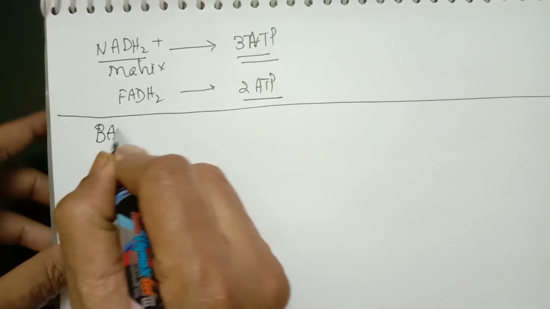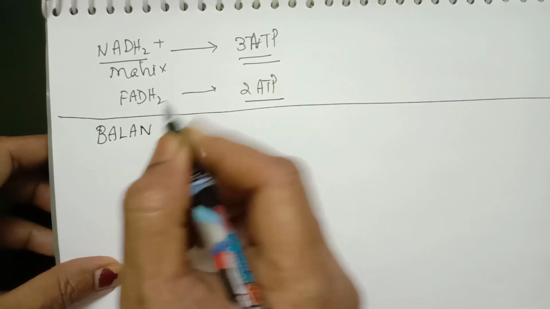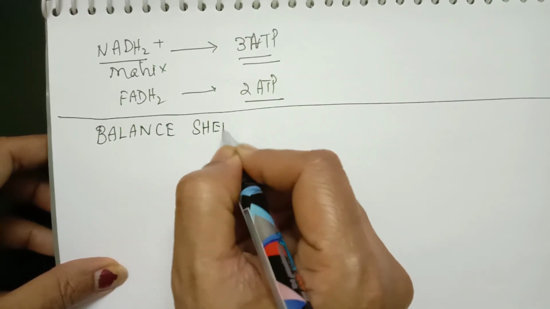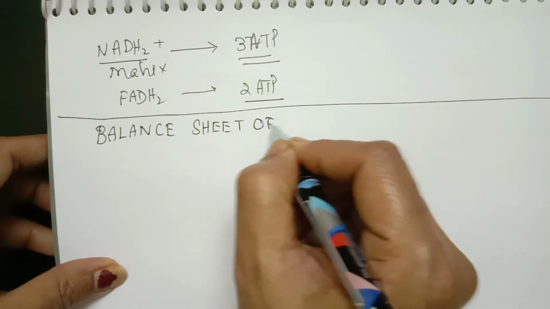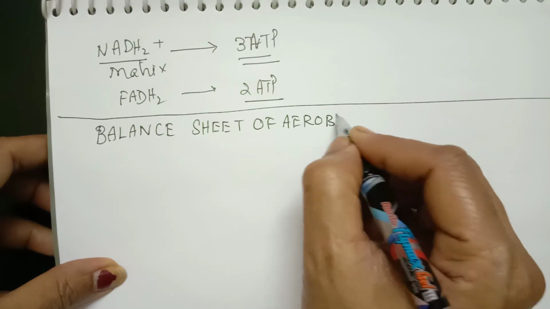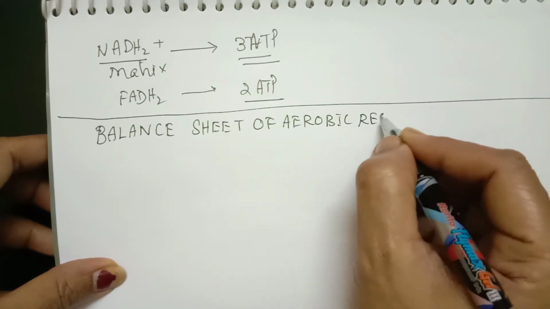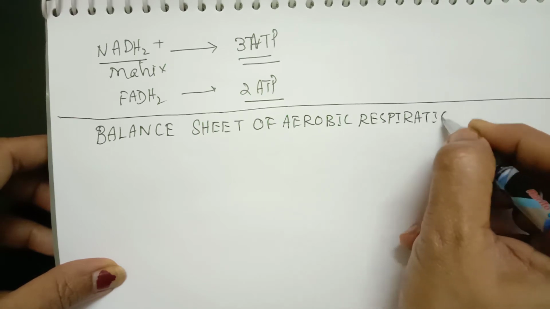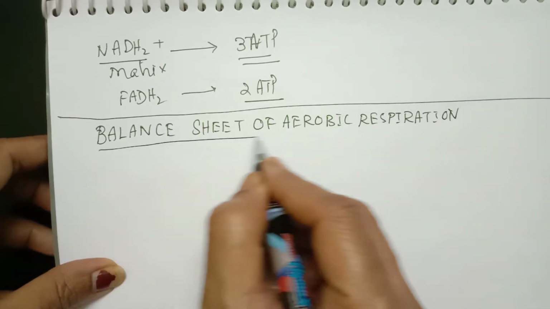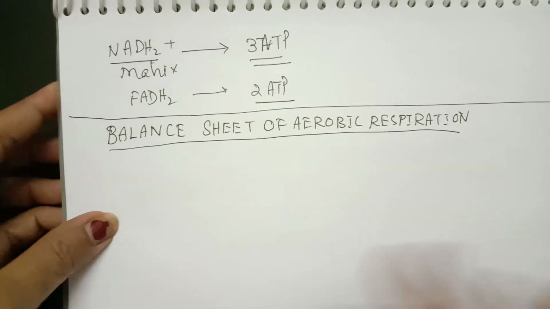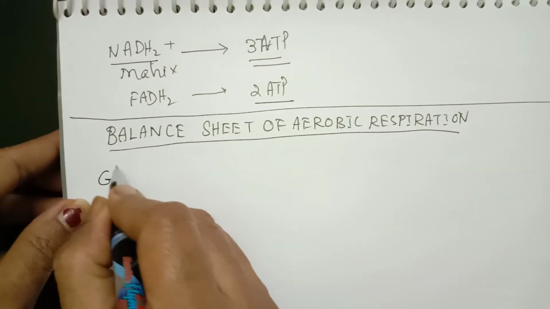Let us write the balance sheet of aerobic respiration, starting first with glycolysis.